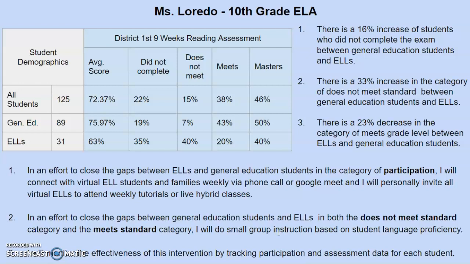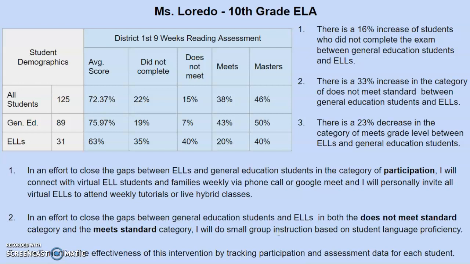And it is separated out by student language proficiency, and it's like a worksheet basically that helps you to create small groups that are based on the student language proficiency, so it can make it easier for you to do this in an effective manner.